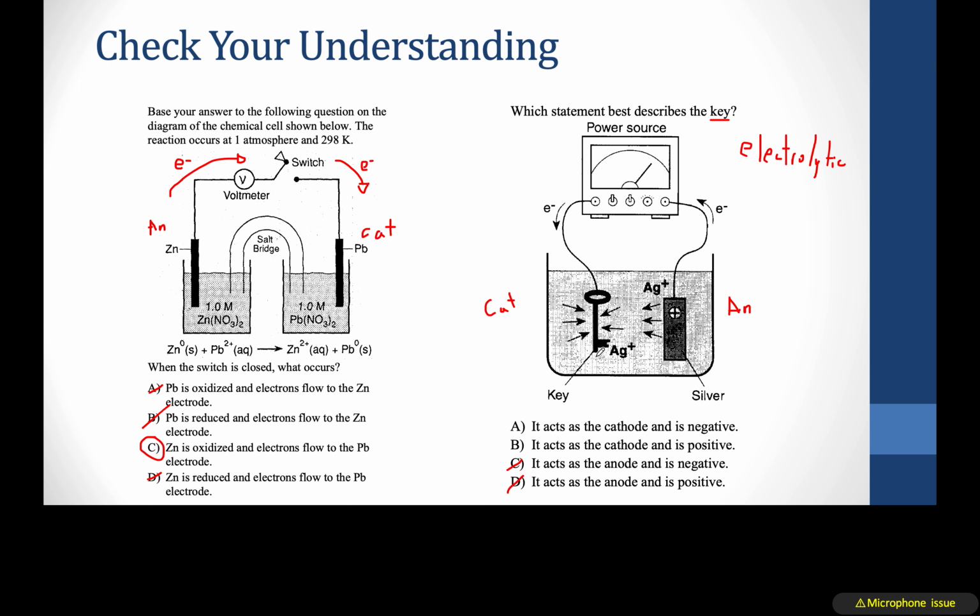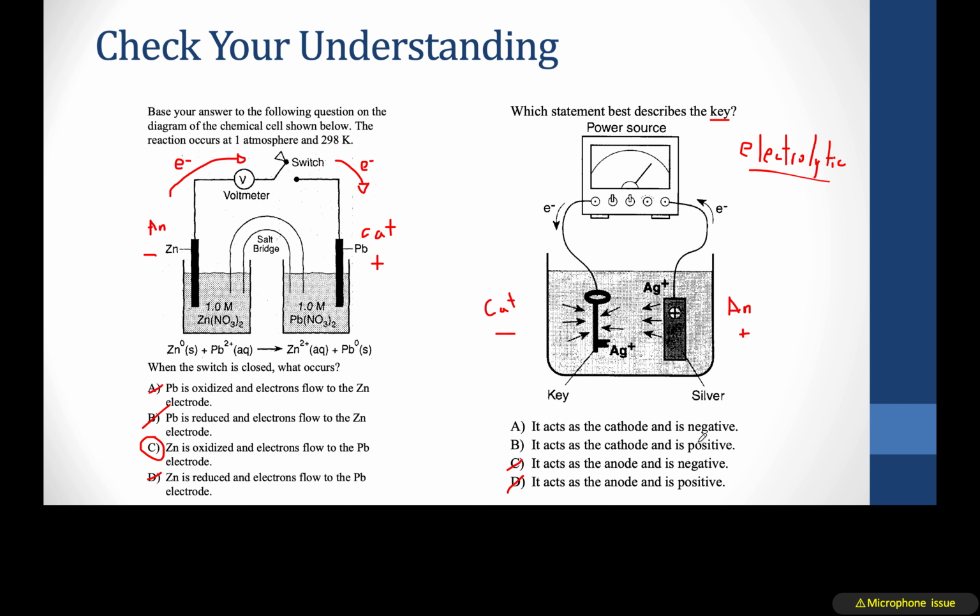So now, is the key negative or positive? Well, remember, in an electrolytic cell, the cathode is negative. It's kind of backwards from voltaic. Over here, the cathode would have been positive because it's voltaic, and the anode is negative, but here, the cathode is negative and the anode is positive because it's an electrolytic and it's backwards.